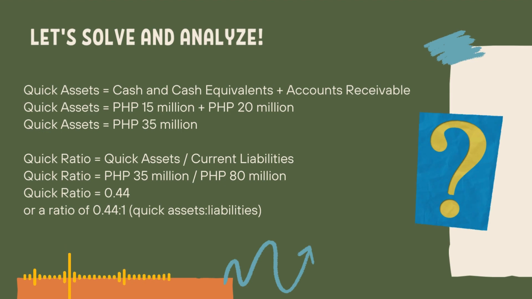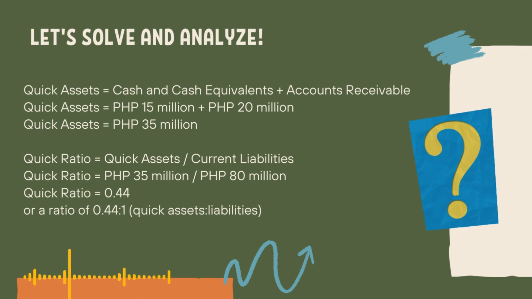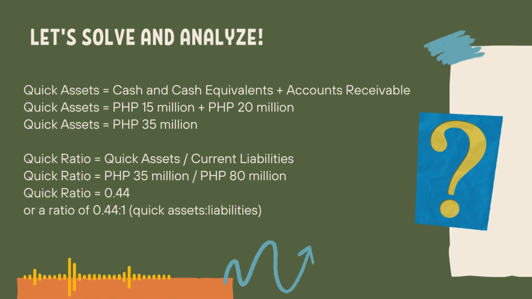That will give us 35 million pesos of quick assets. Now to get the quick ratio, we need to divide quick assets by current liabilities. So the quick assets, 35 million pesos, divided by the current liabilities of 80 million pesos. That will give us a quick ratio of 0.44.